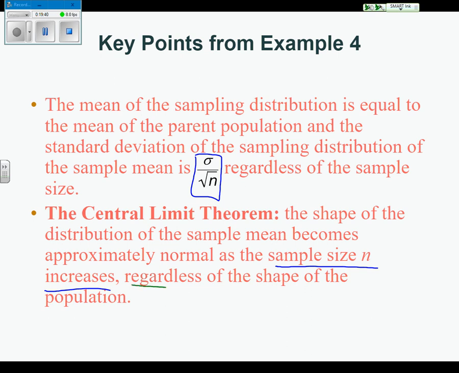Here's the key right here: regardless of the shape of the population. So if I start with something that's left skewed and I repeat this process and I increase n, then I'm going to become more and more normal. If I start with something that's right skewed, left skewed, normal, it doesn't matter what it is, my shape is always going to be approximately normal with the problems that we're going to be working in here.